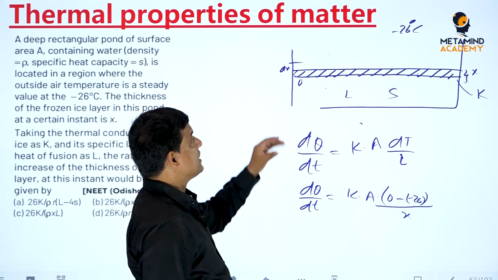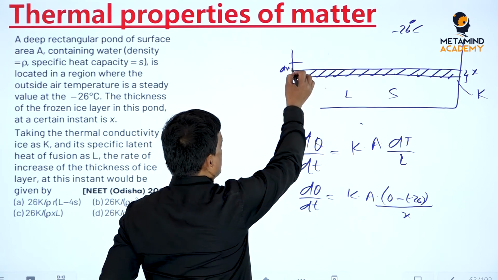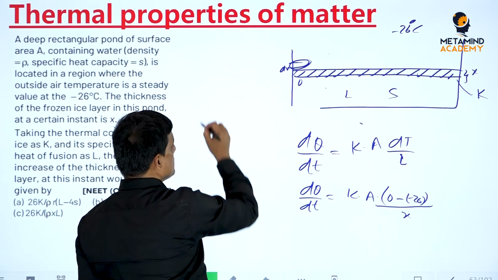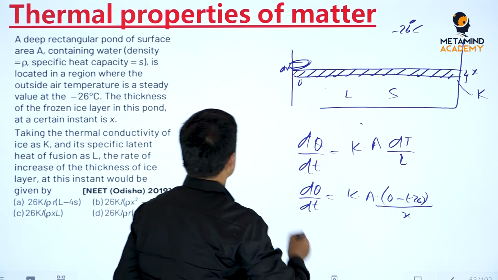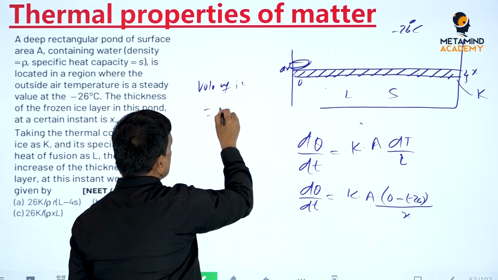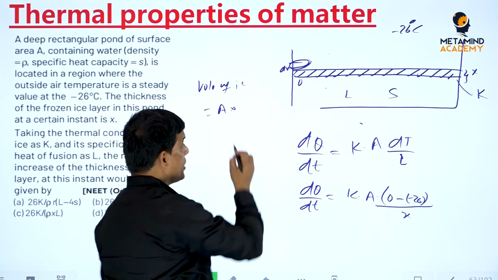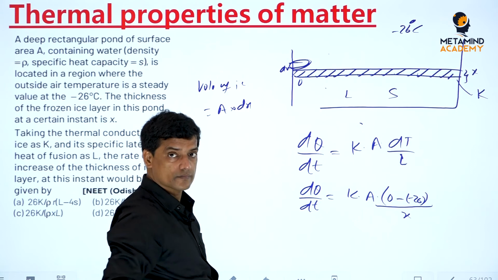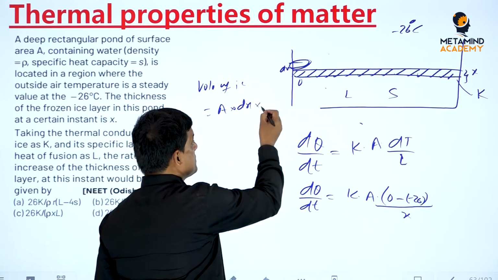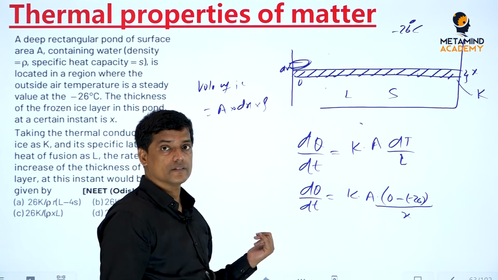Now, if it is making an ice layer of thickness dx, okay, then what is the volume of the ice? Volume of ice will be area A, thickness dx, right, and density rho, this is the mass.